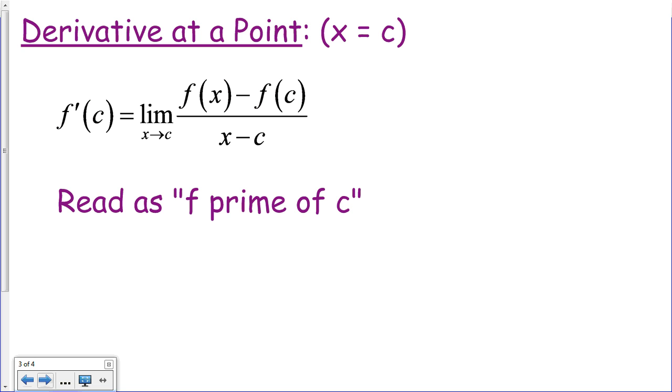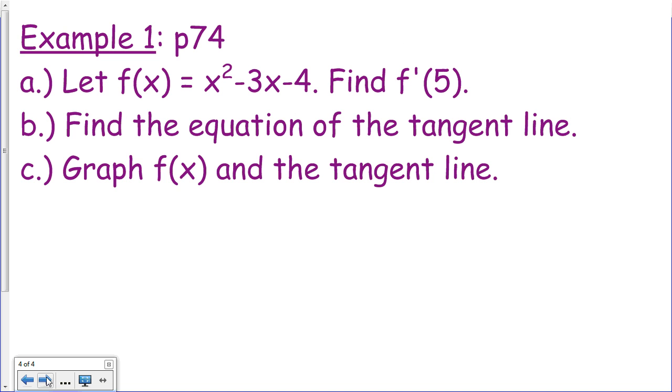Let's take a look at an example and use that definition here to help us out. We're going to actually change the problem here slightly from what they said to do, but example 1 there on page 74 says the following. It says if f of x is equal to x squared minus 3x minus 4, find f prime at 5, the value of the derivative if x equals 5, and check by graphing the difference quotient and finding the limit.